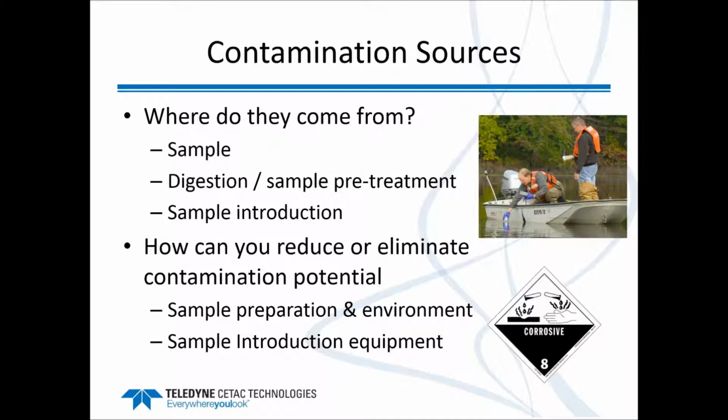Others would be in the sample pre-treatment or digestion preparation stages before it gets to sample introduction. And the third would be during the sample introduction itself, either the person manually injecting the sample into the ICP or other instrument, or the technology that's used to do that sample introduction itself. So that will be the main focus of what I will discuss today.